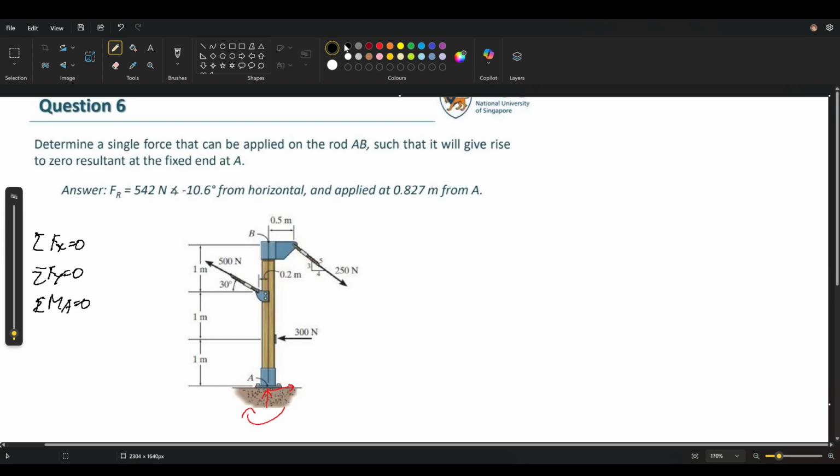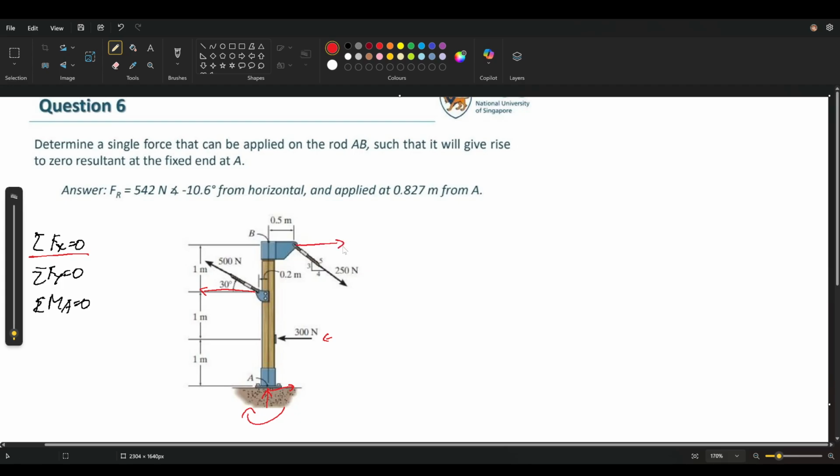Okay. So let's first find X. Okay, I'm going to try to use red color. So X, we have 300 because it's acting in the X direction. We have this 500, and then we have this 250.